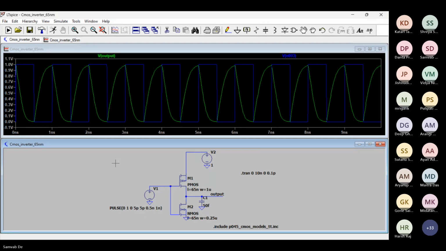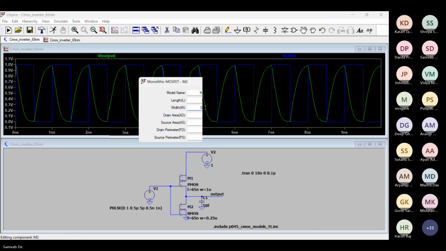So maybe you can go ahead and increase both NMOS and PMOS. NMOS, right now it is 0.25, make it 1 micro. PMOS, you make it 3 micro.